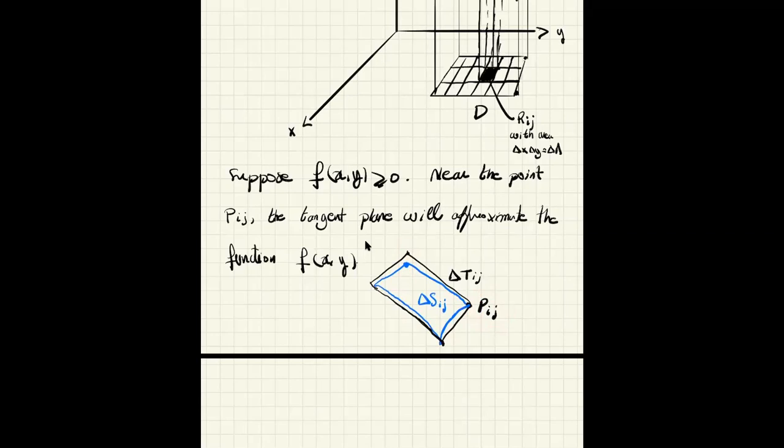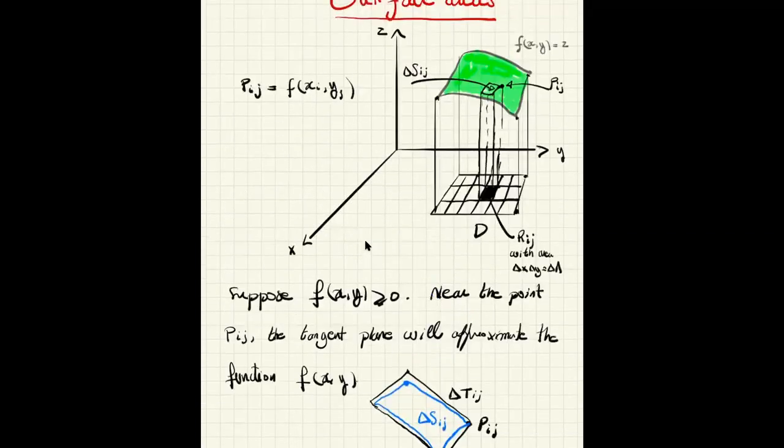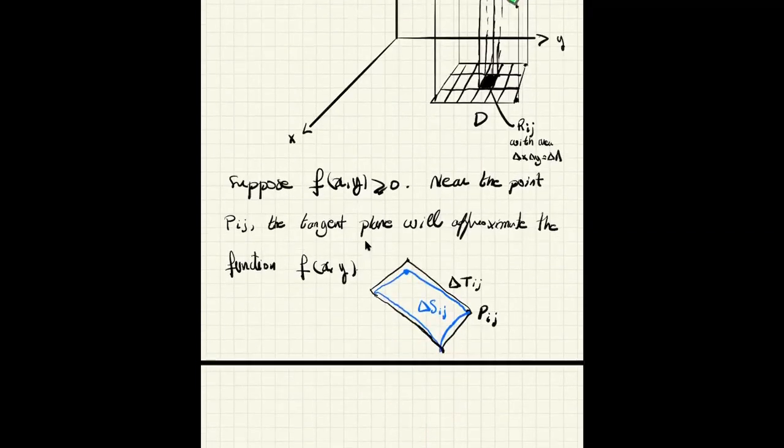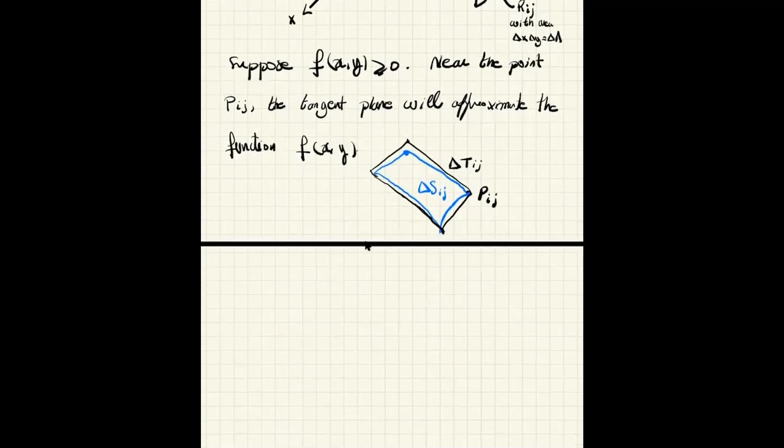So if you want to approximate the surface delta Sij, what is the surface area? The surface area is the sum of all these small Sij's, right? But if all of these are approximated by these rectangles, delta Tij's, so the surface area, I'm not gonna write everything here, I'm explaining a lot.